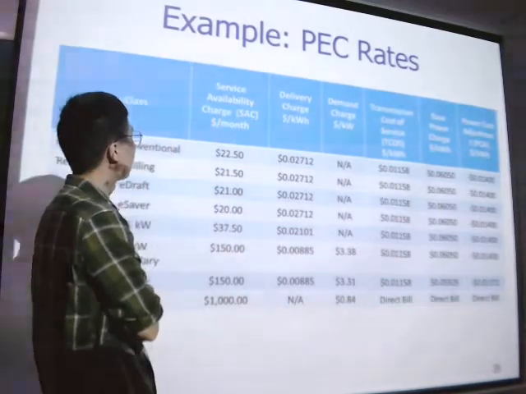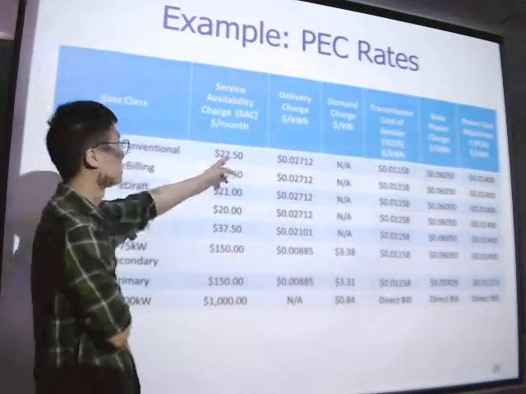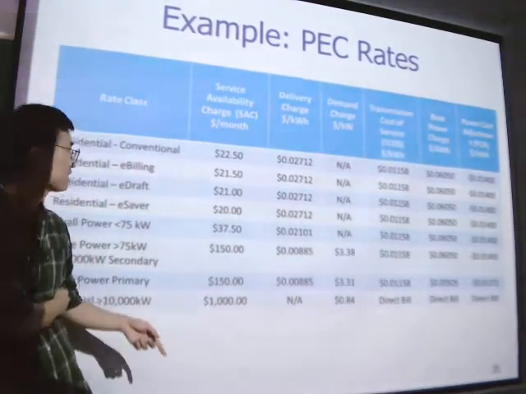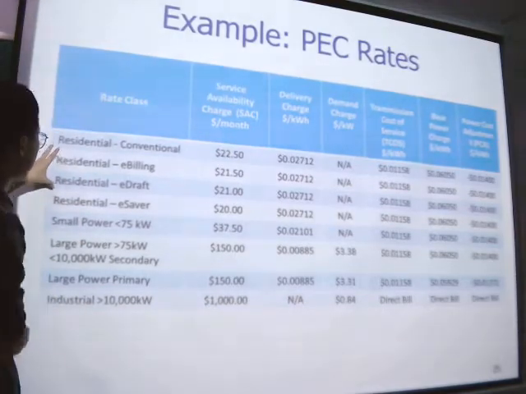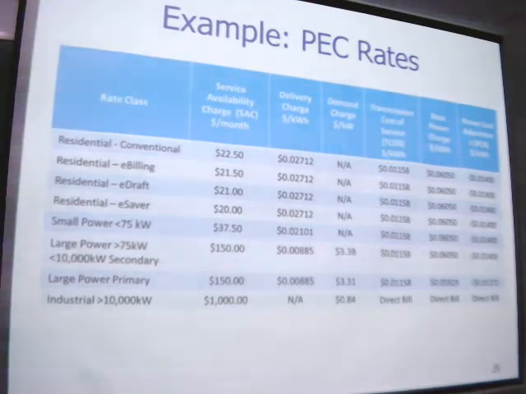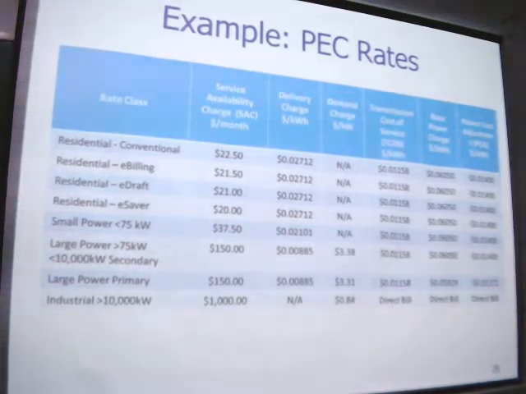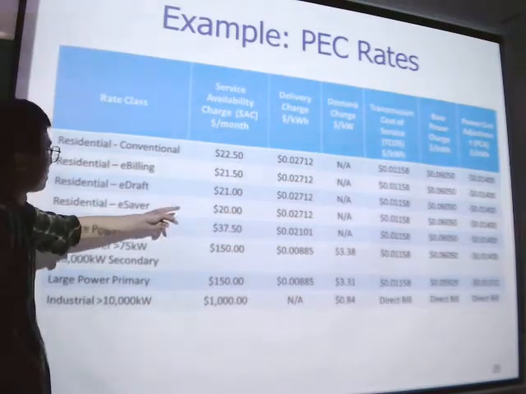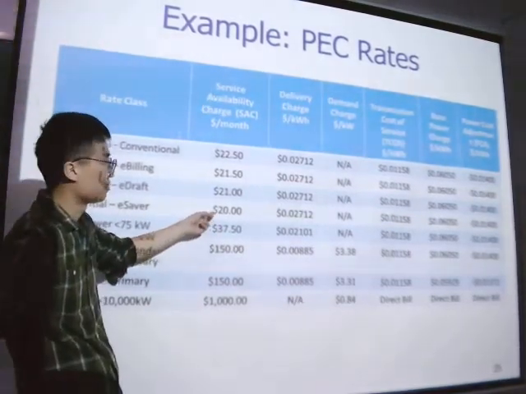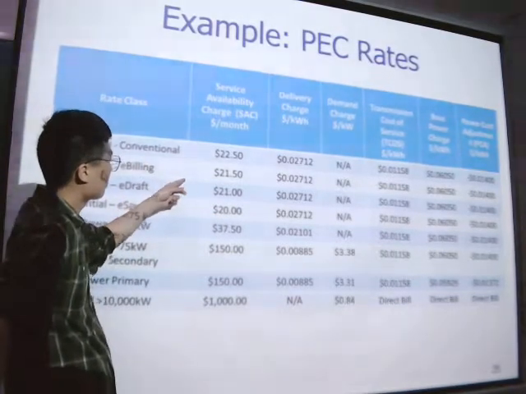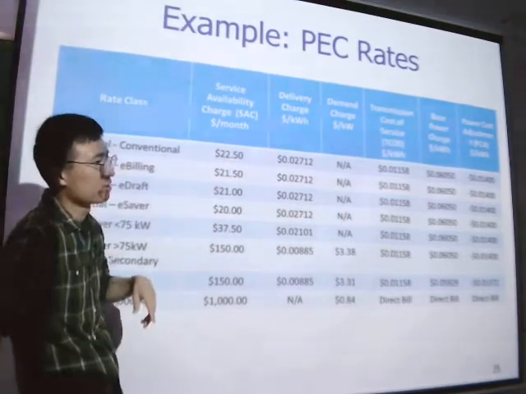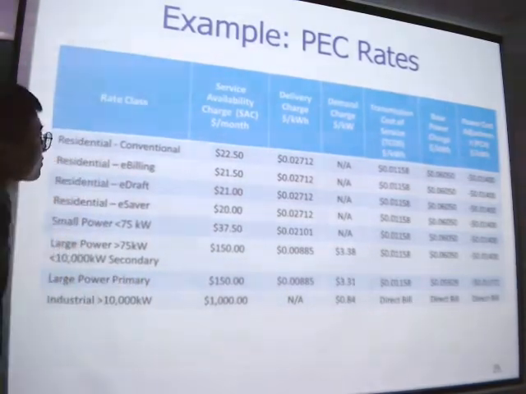That is the monthly fee, and for the industrial it is much more expensive. There will be four options for the residential. For this e-saver you could see only $0.90, and the conventional is the most expensive, $2.50 more per month.